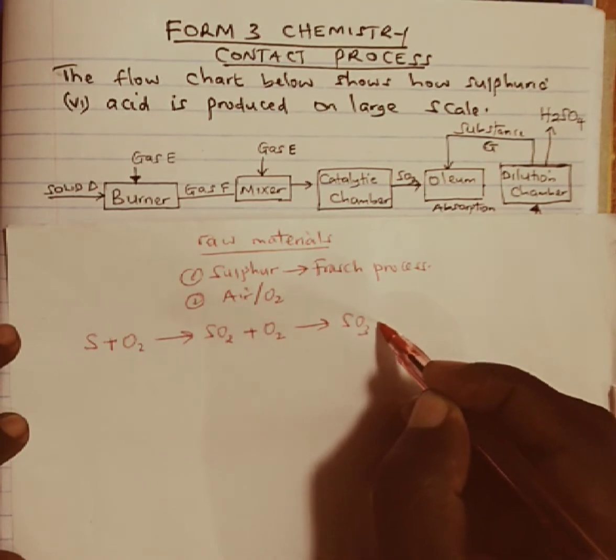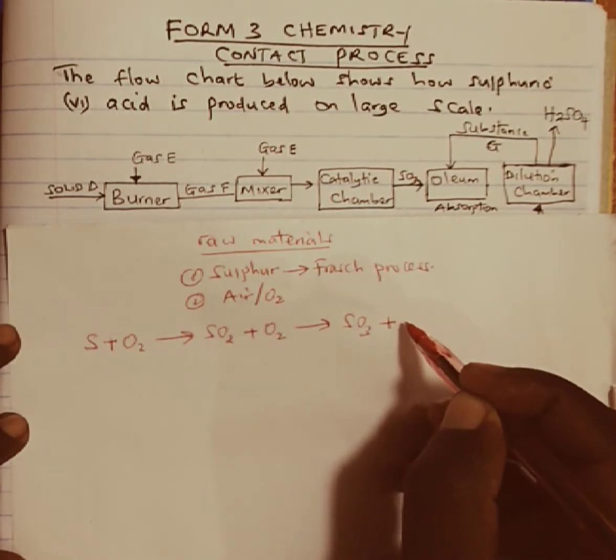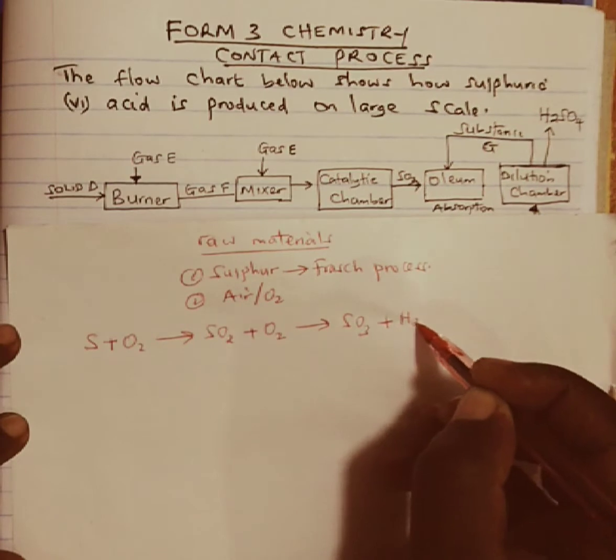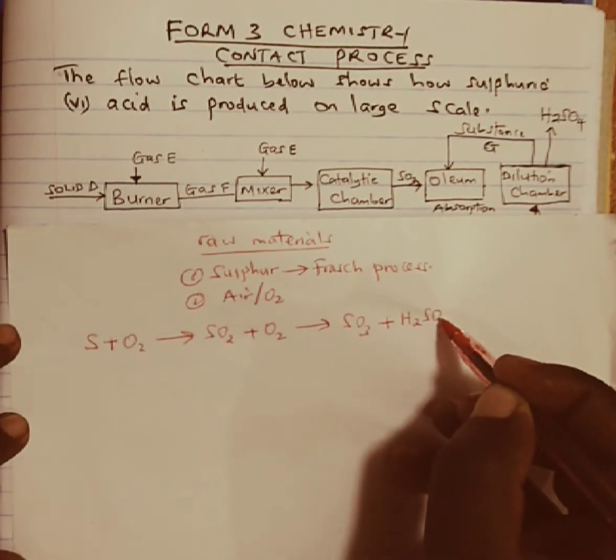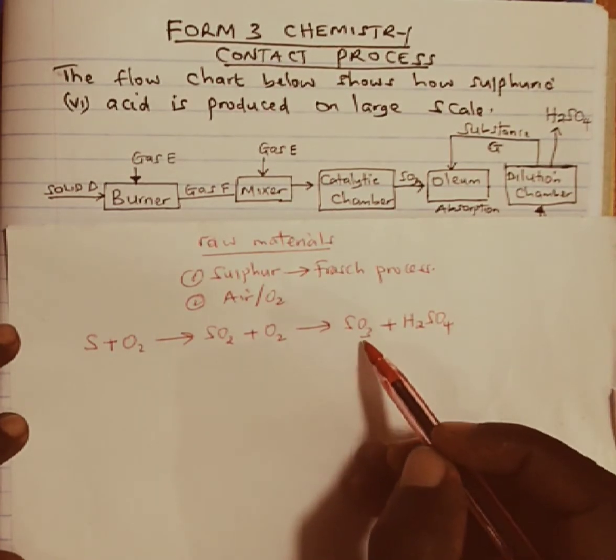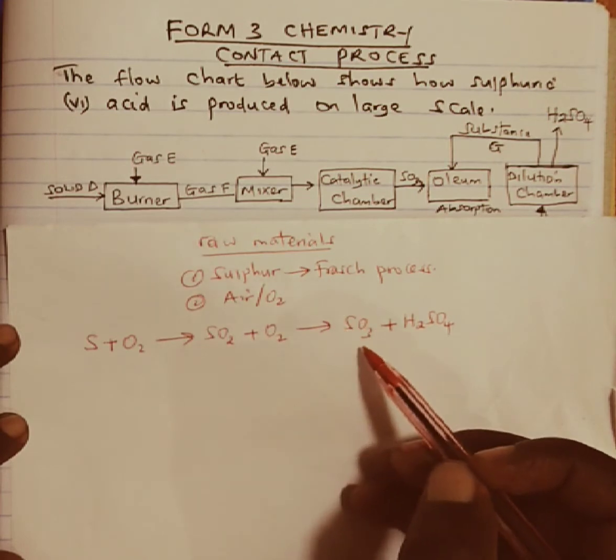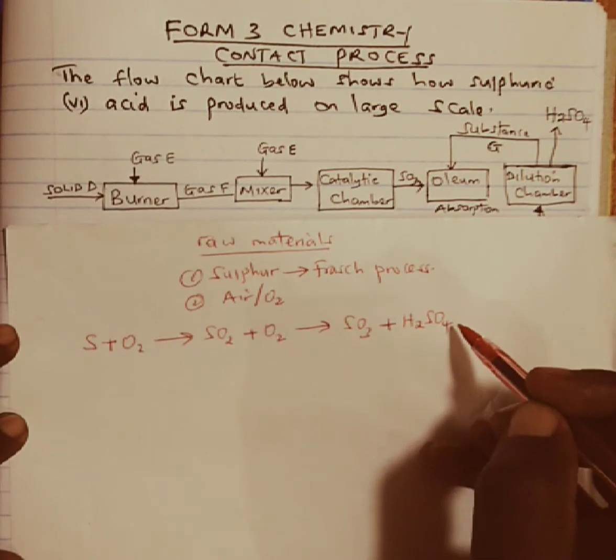Then we take sulfur 6 oxide and dissolve it in concentrated sulfuric 6 acid, because we cannot dissolve it directly in water since excess heat is generated which could boil the acid produced.